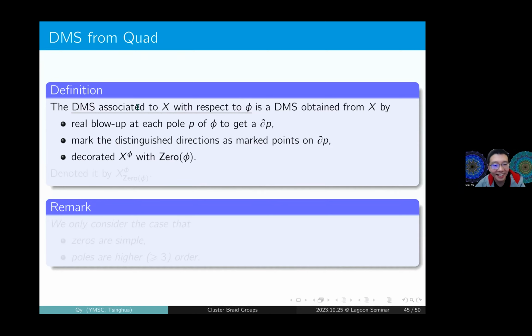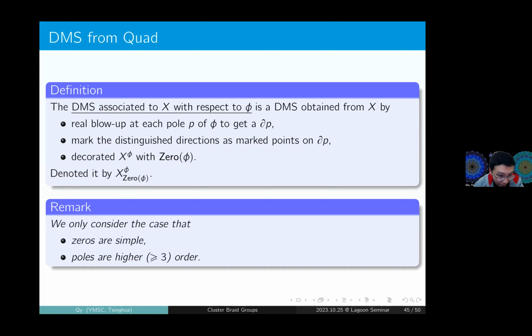But more importantly, you want to remember the zeros. So if you remember the zeros, then they will be decorations. That's why, in cluster theory, the FST have this marked surface, and because they don't care about the quadratic differential, there's no decoration. But if you care about stability conditions or quadratic differentials, you should remember the zeros.